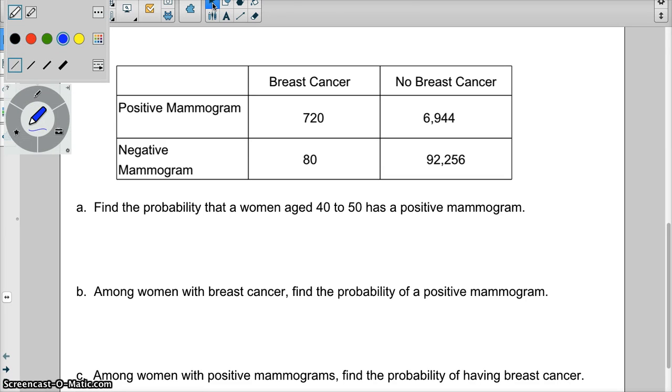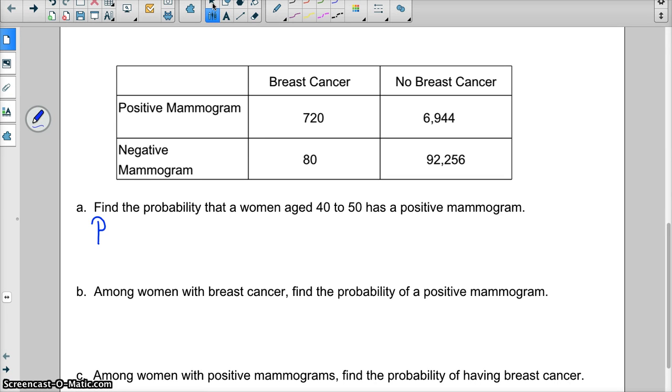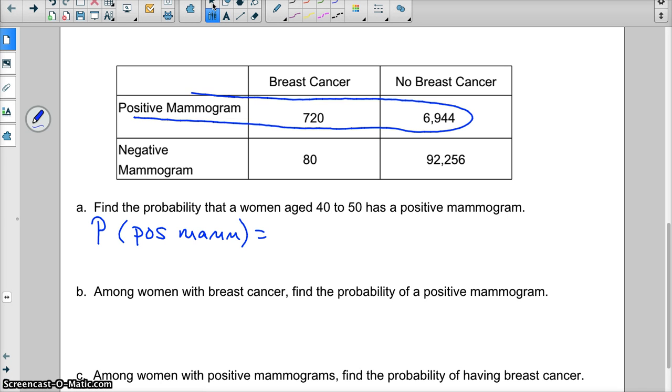So we're looking for the probability of a positive mammogram. How many positive mammograms do we have? 6,944 plus 720. Why would we have to add 720? That's right. They're both in this positive mammogram row.